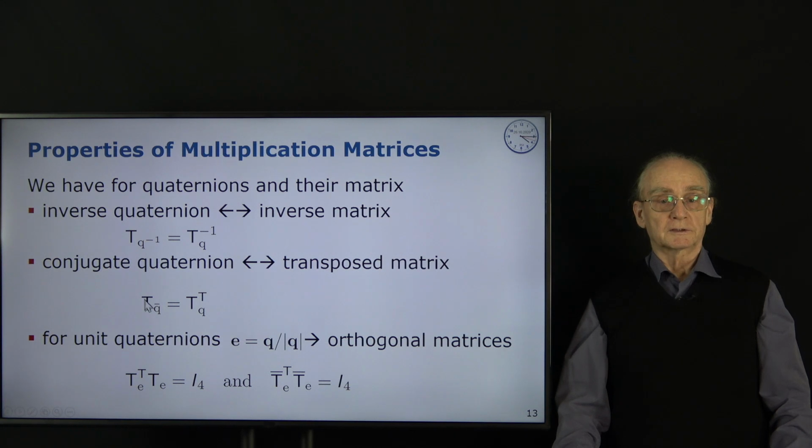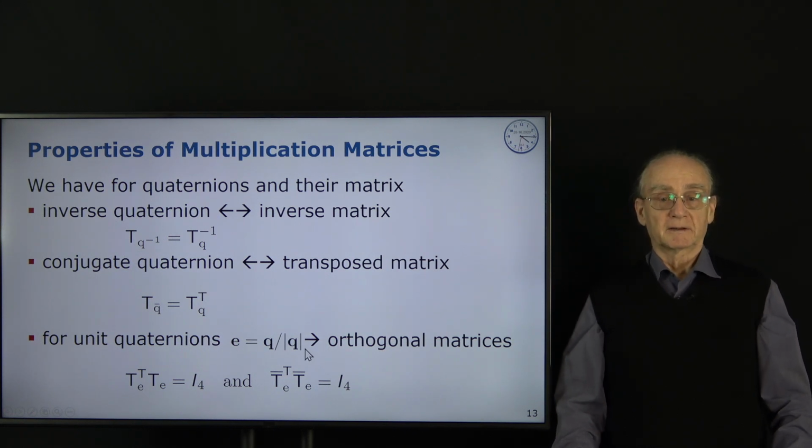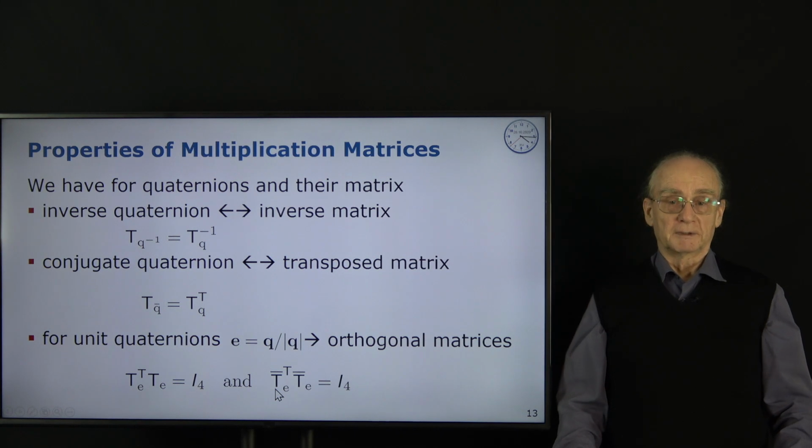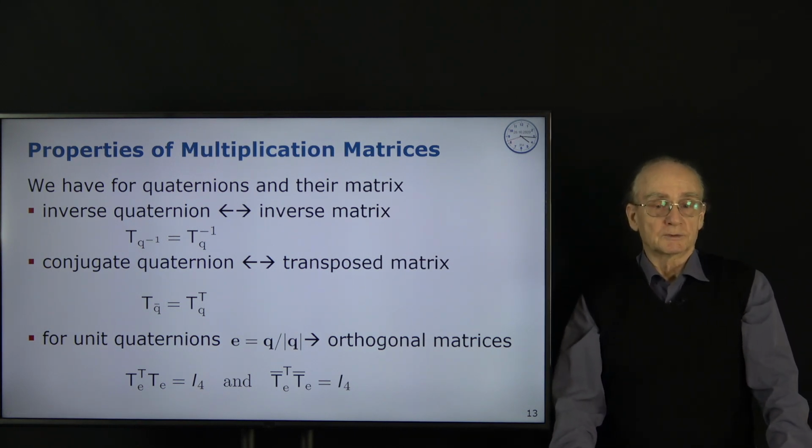So if you take the T of q bar, you get actually the T of q transposed. And moreover, if we have unit quaternions, let's say e is q divided by its length, then we can see that these matrices T and T bar actually are orthogonal matrices. This is quite interesting, and we might use this later in some derivations.